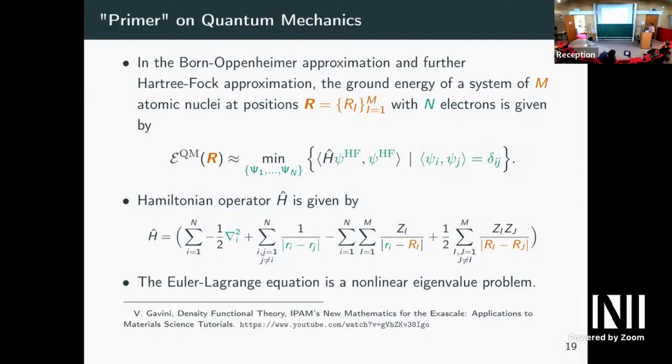It doesn't really matter, but all I'm saying is that for a given configuration of atoms, you solve an extremely complicated eigenvalue problem for wave functions, this joint wave function and what's called the Slater determinant of these constituent wave functions of each electron separately.